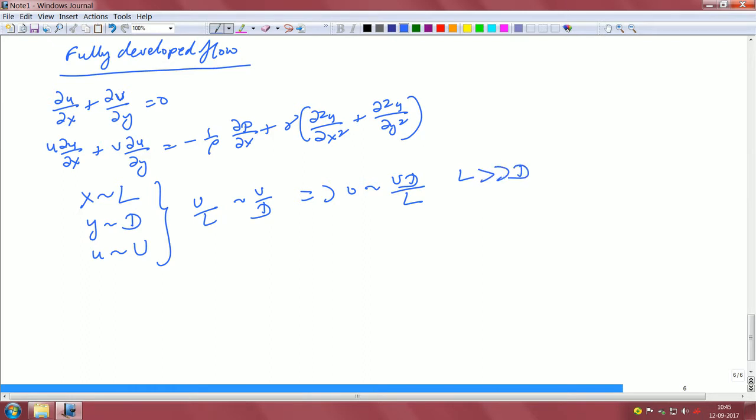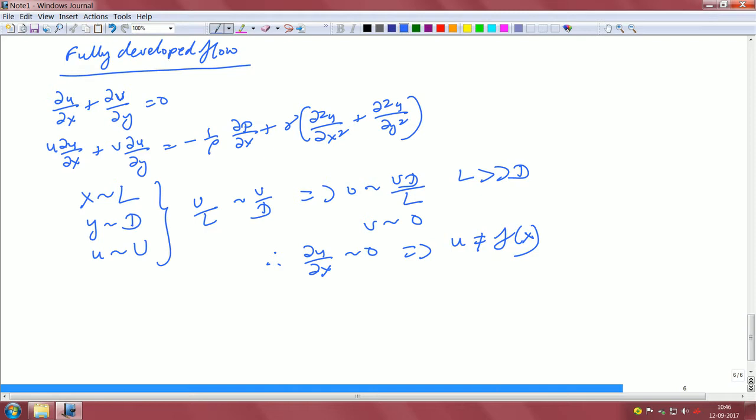So, when L is much greater than d, you can take v to be almost equal to 0 in this particular case. Therefore, du by dx is equal to 0, right. Therefore, this leads to u not being a function of x anymore.